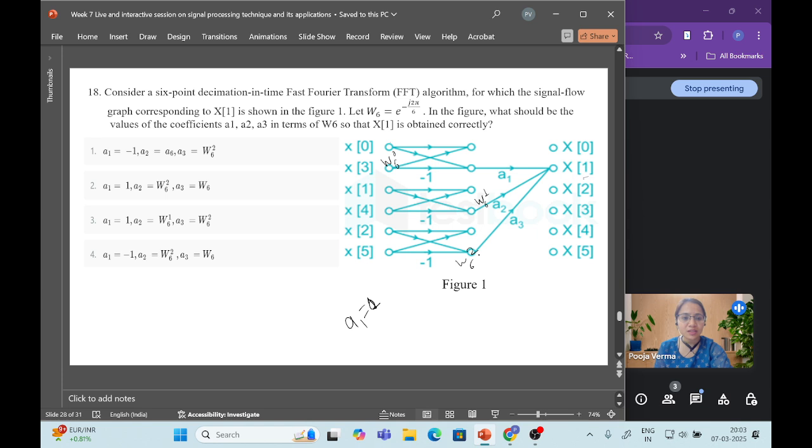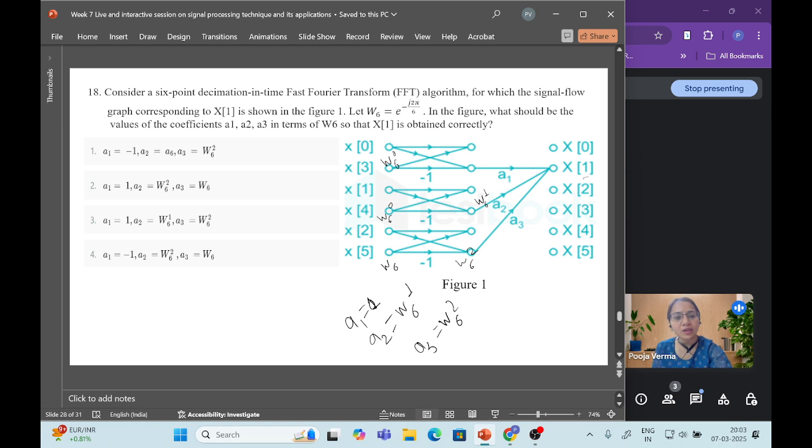In this stage we will multiply by W6^2. Here it is multiplied by W6^0 before. Already we know that. So A2 will be only this value, W6^1, and A3 will be W6^2, because after this one we have to multiply this phase factor.